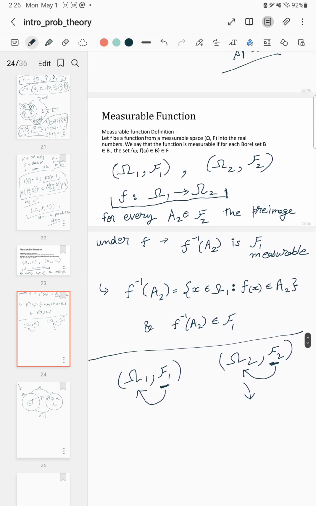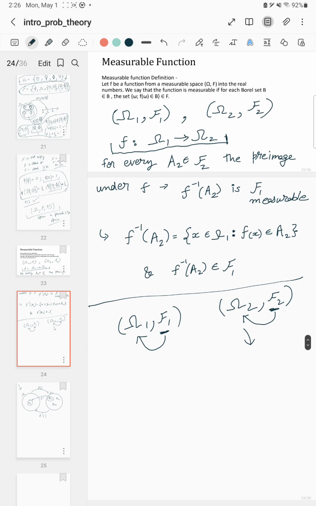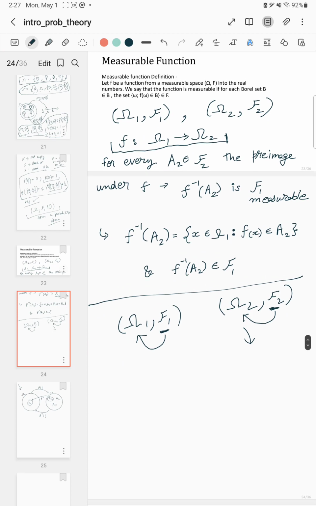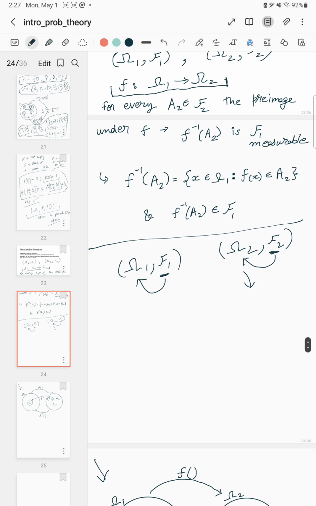Now, how do we determine if f is a measurable function? For every A2, an element of the F2 sigma algebra, the pre-image under f, which is f inverse of A2, is some event in the sample space omega 1. This f inverse of A2 should be present in the sigma algebra F1. Okay, that was quite a mouthful. Let's simplify it.